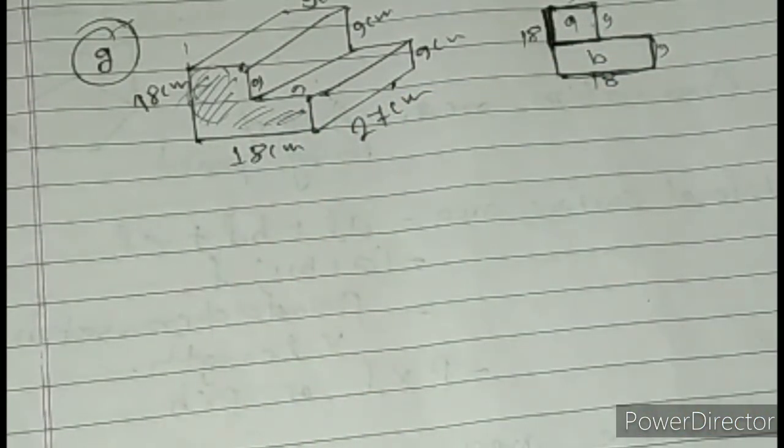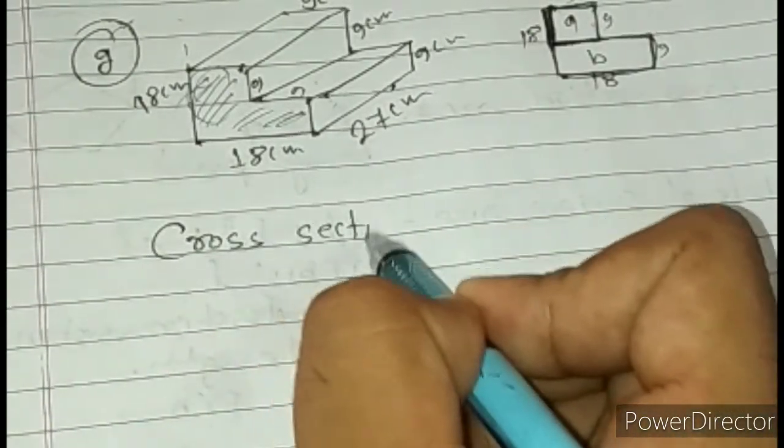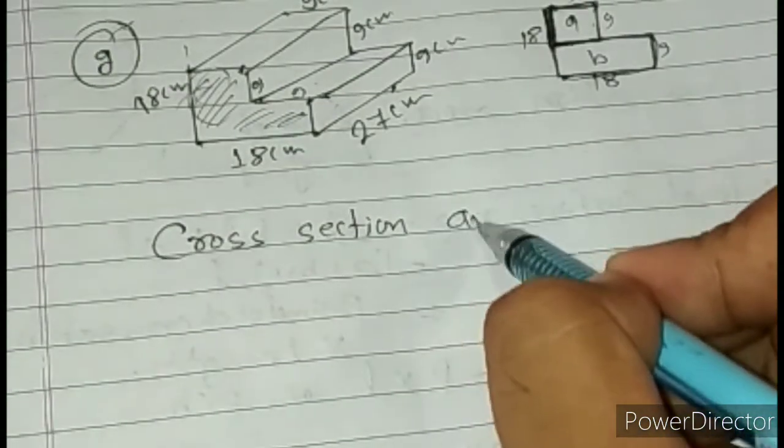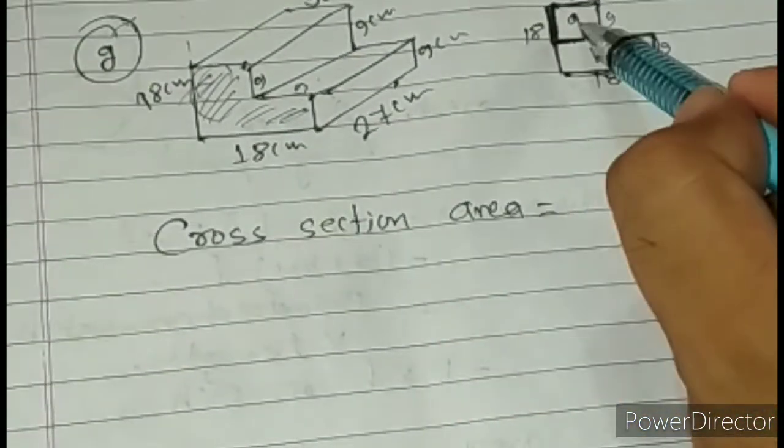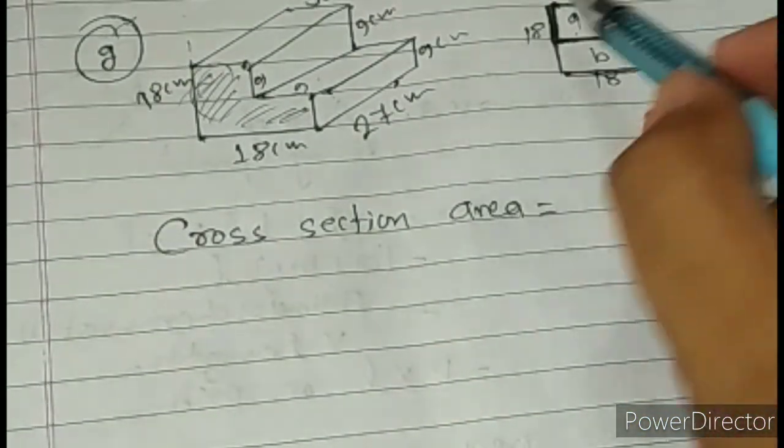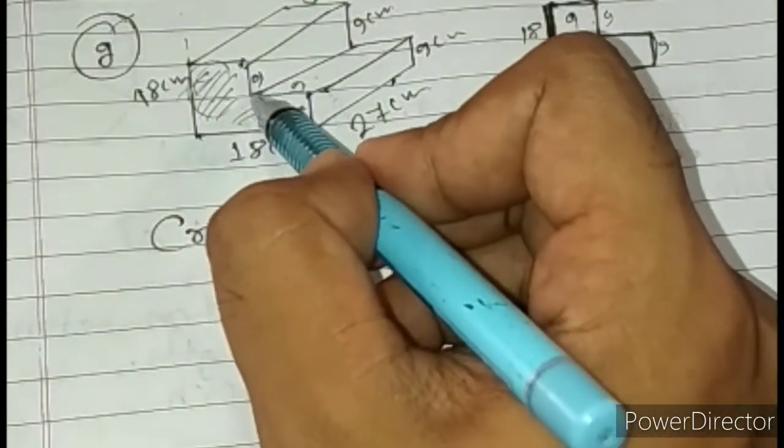So cross section area is equal to area of A plus area of B. Otherwise you can make another rectangle like this also.